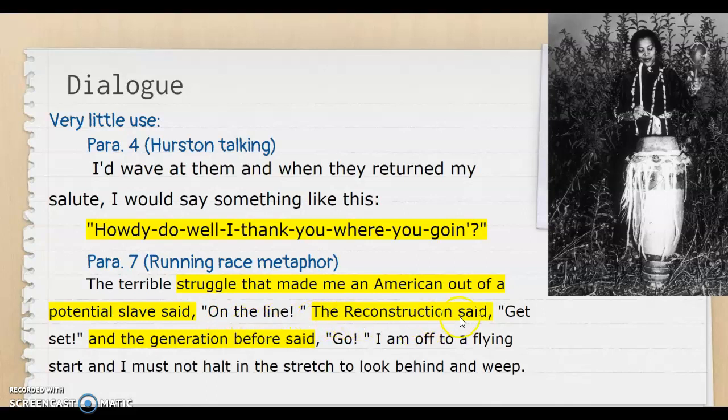The Reconstruction said, get set. And so this is that opportunity at the end of the Civil War for Black Americans to own their own land, to get educated, to move forward in life, and to move up in life. And then the generation before Zora, so her parents, her grandparents, they said go. And then she's like, I'm off flying. So we've got a little bit of dialogue there.